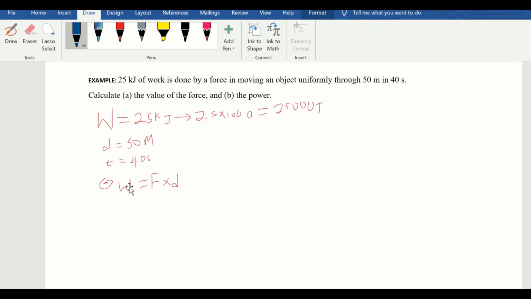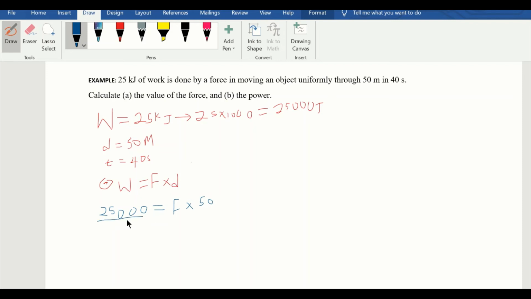My work is 25,000 joules, which is equal to the force, unknown, times the distance of 50 meters. To get my force, I have to divide both sides by 50.